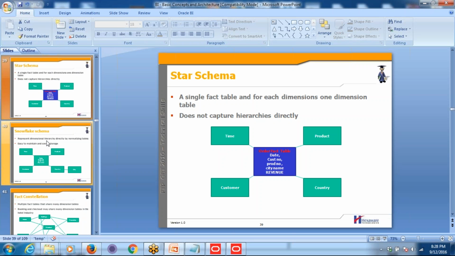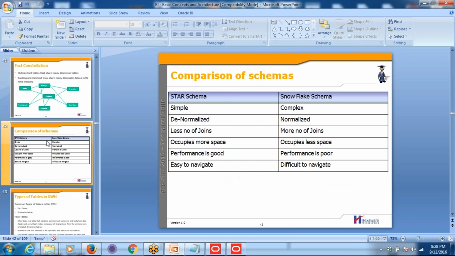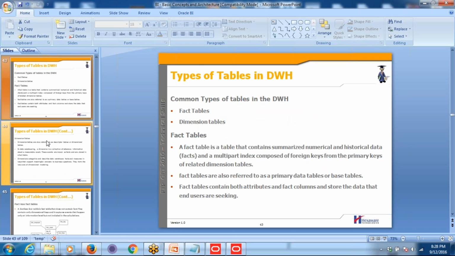Tomorrow's session we will start discussing fact constellation, and there are different types of tables. When you talk about fact tables, there are different types of fact tables we will be discussing. We have several types of dimension tables we will be discussing. These are some of the structures you find as part of your data warehouse, which we'll be discussing in tomorrow's session.